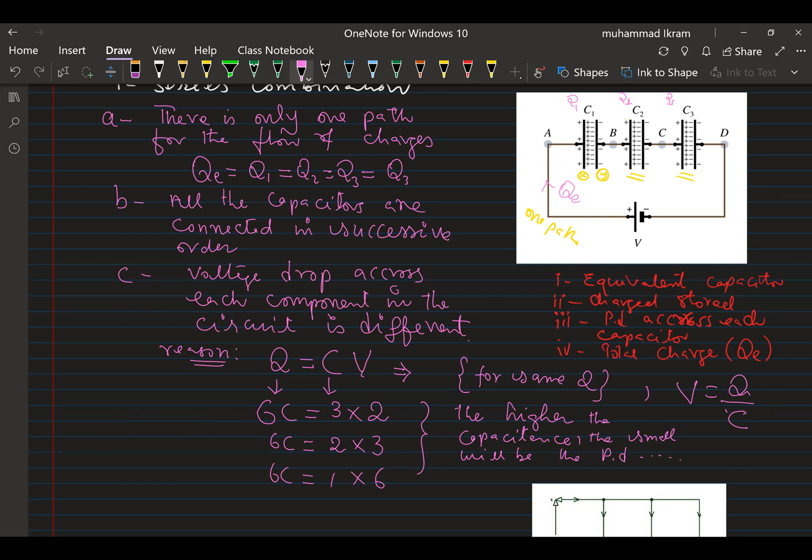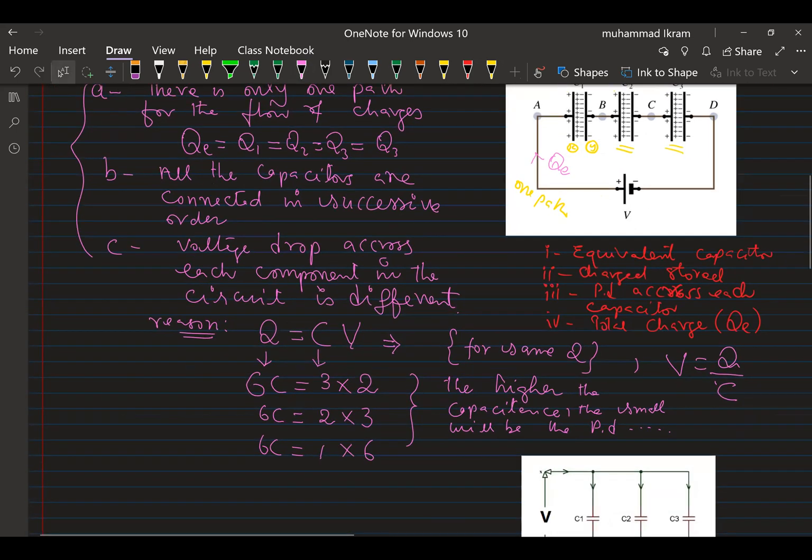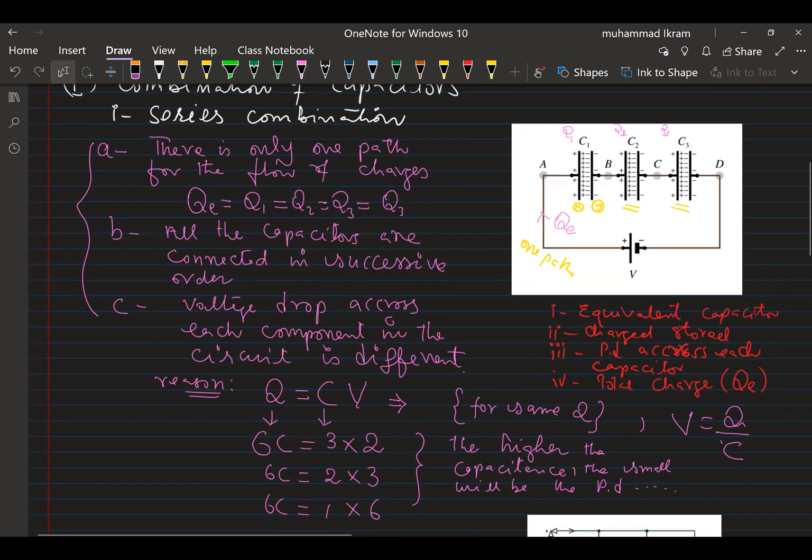So that is one of the reasons: if you keep one thing constant and your C is different, then V will be different. And if all the capacitances have the same value, C1, C2, C3 equal, then the potential difference will be distributed equally. These are the special characteristics of the series circuit only, whatsoever the components.